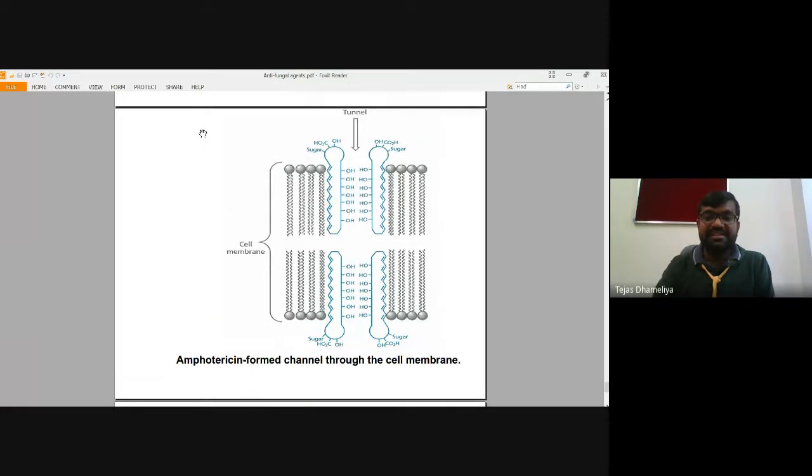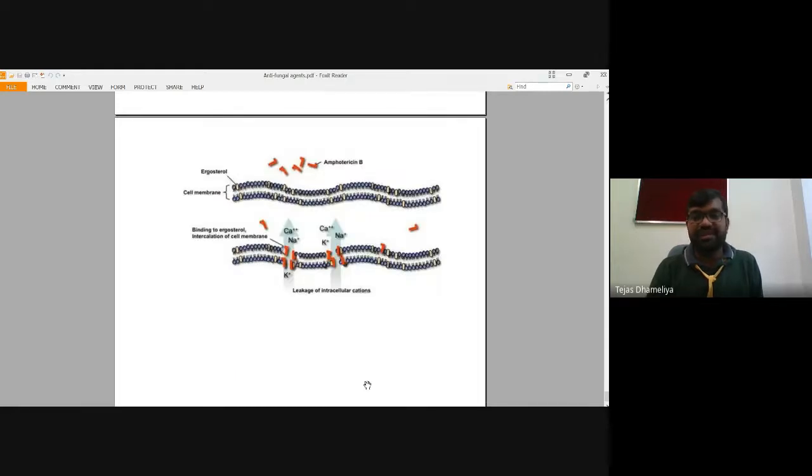Amphotericin is responsible for opening the fungal cell membrane, which allows potassium ions to come out of the cytosol, and that will cause hyperpolarization. This hyperpolarization of the fungal cell is a major cause for the killing of fungal cells. In that way, it can show either fungistatic or fungicidal antifungal activity.